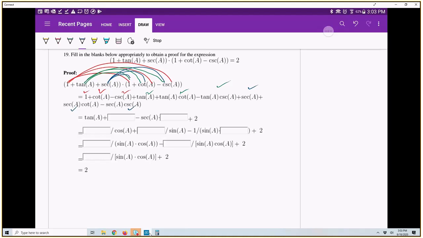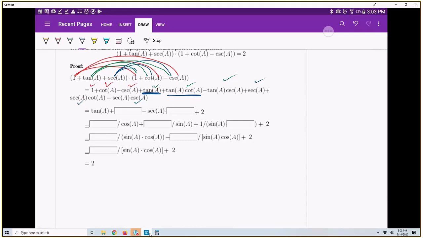Now I am writing it in terms of starting with tangent A. I have taken care of this term. That's tangent A, so that's there. Then it says it should be plus something minus secant A times something plus 2. So that's where we're going to start working. Think about tangent A times cotangent A. How much is that? That is 1.